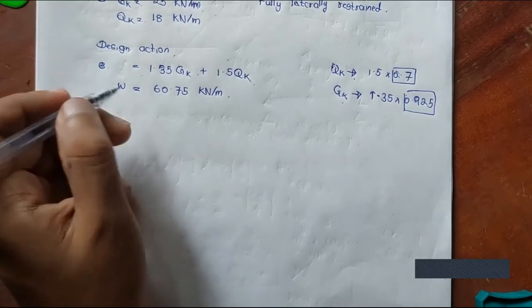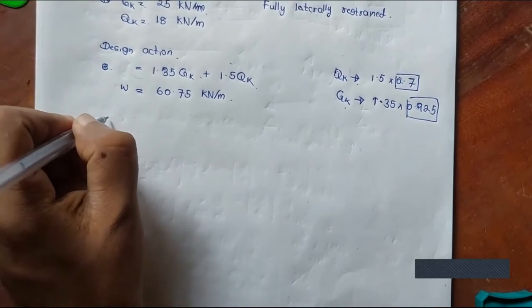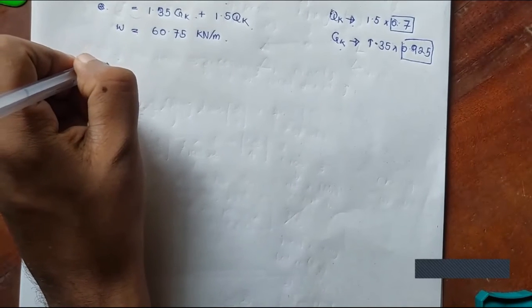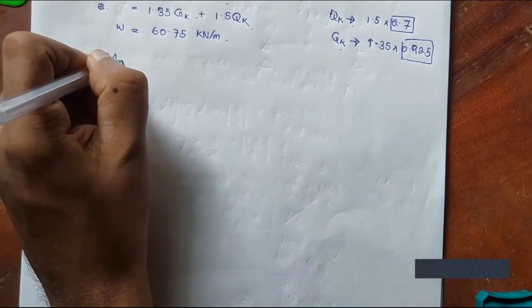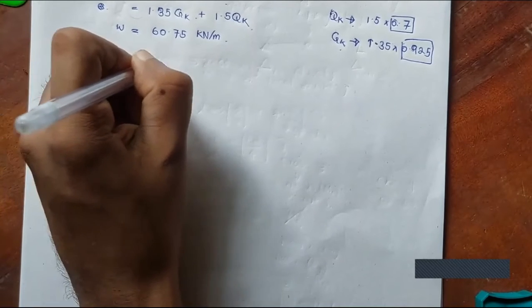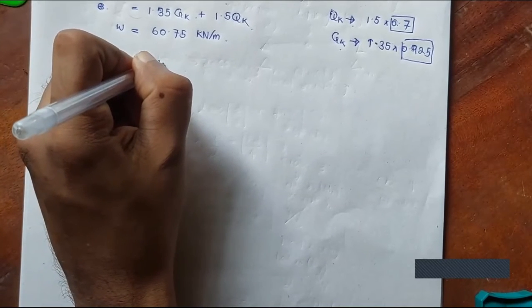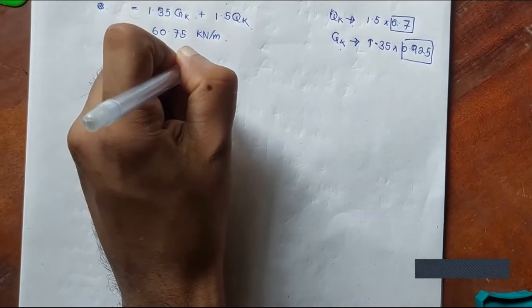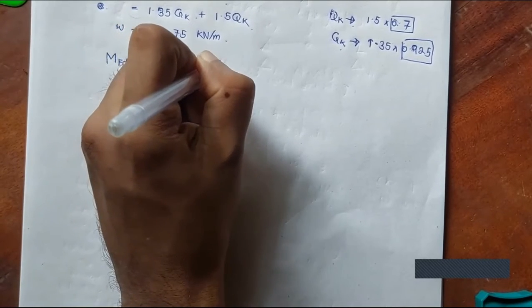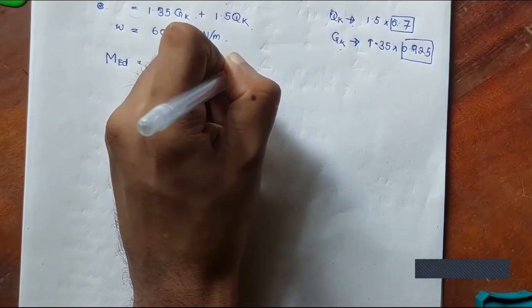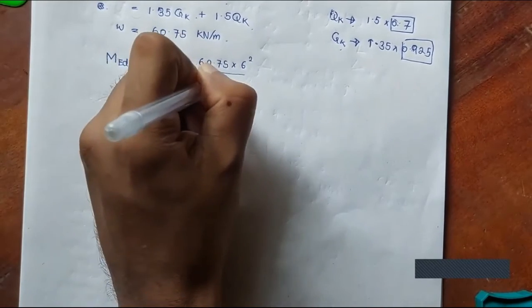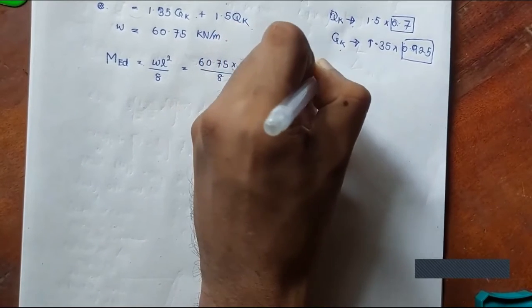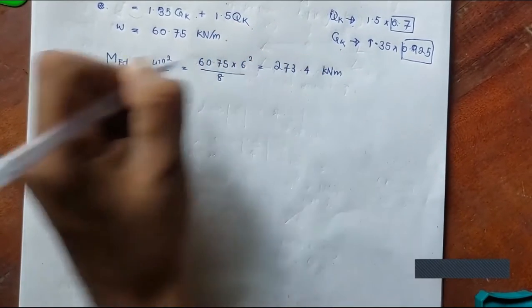Okay, since it is simply supported, right, your design bending moment, W L squared over 8, is going to be 16.75 into 6 squared over 8, and 4 kilonewton meter.